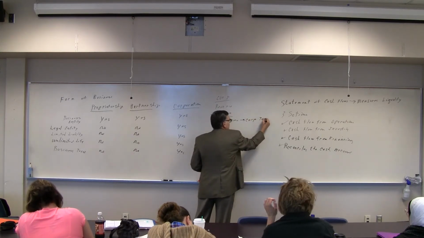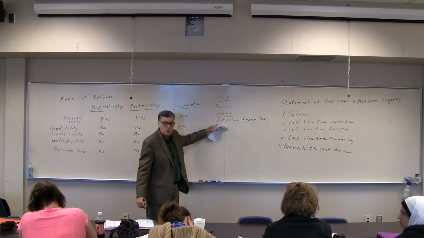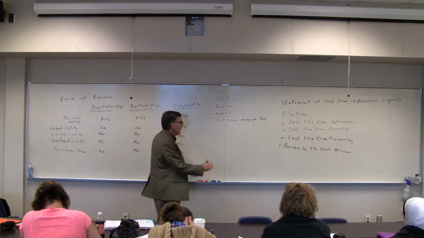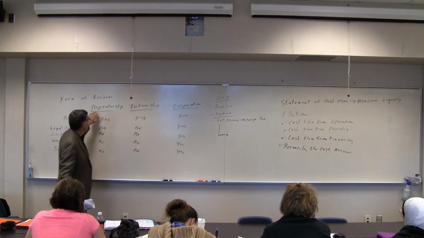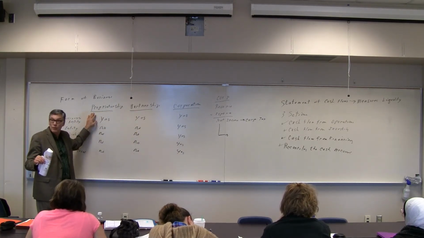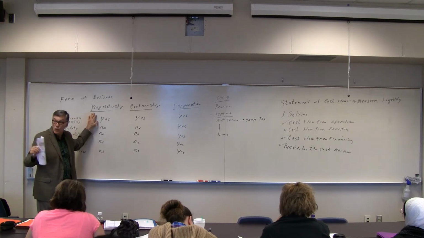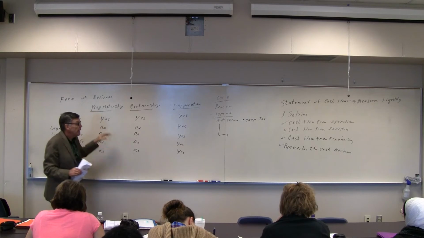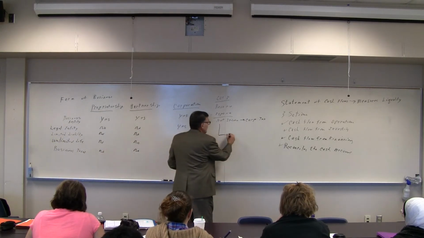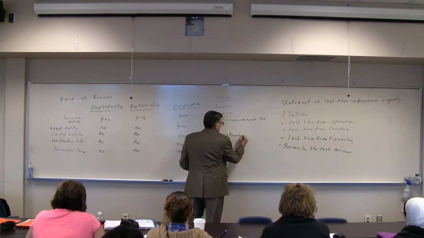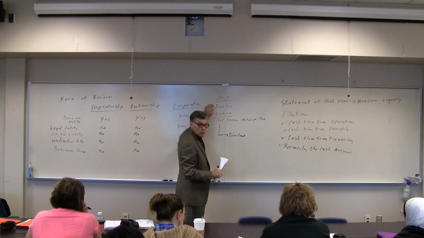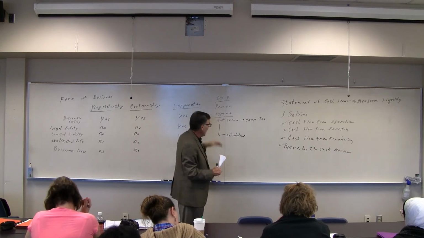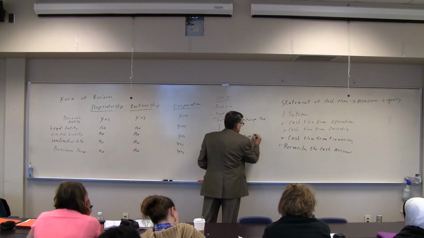And a corporate tax is to a corporation as an individual's taxes are to an individual. Then, do you remember when we had a sole proprietorship? Now, in this class, we'll be dealing with sole proprietorship, right? Now, what the sole proprietorship did to take capital out of the business was a draw, right? Withdrawal. Now, the same thing happens with a corporation, except it's called a dividend. So a dividend is to a corporation as a withdrawal is to a sole proprietorship. Okay? And then that's subject to personal taxes.